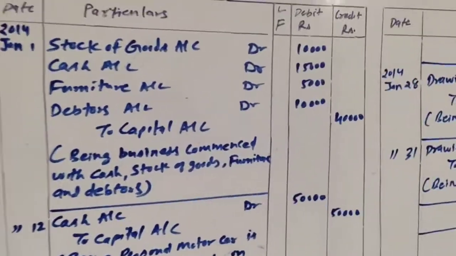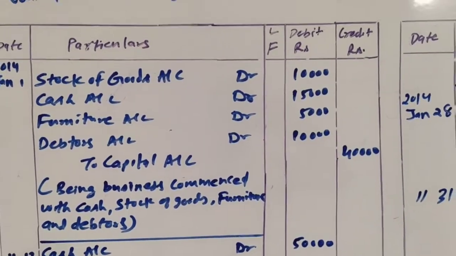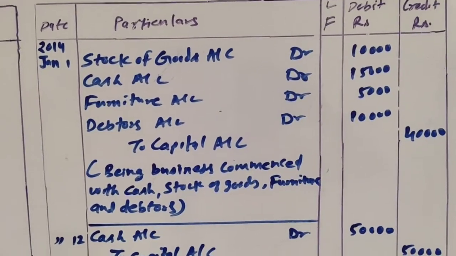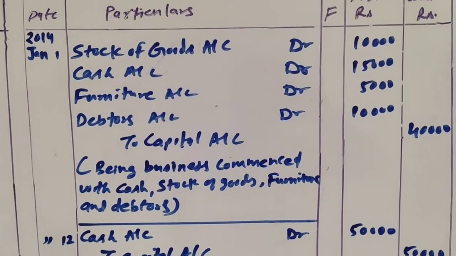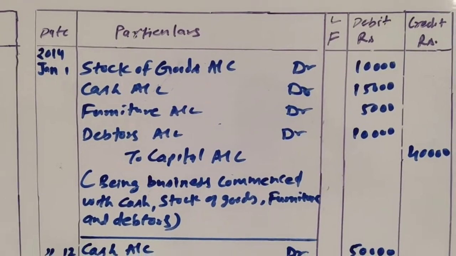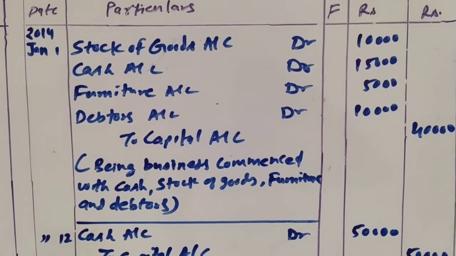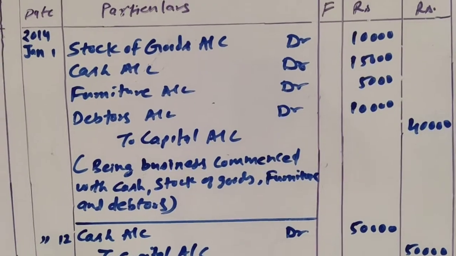Okay, here the entry will be: stock of goods account debit 10,000, cash account debit 15,000, furniture account debit 5,000, debtors account debit 10,000, to capital account 40,000. Being commenced business with cash, stock of goods, furniture and debtors.